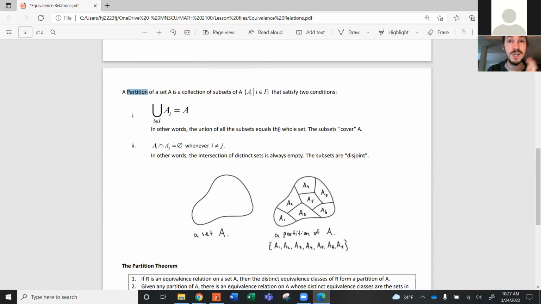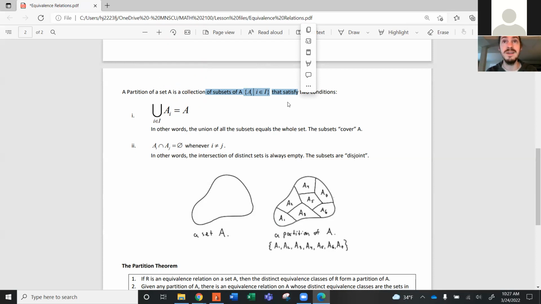So a partition of a set A is a collection of subsets. We're just going to call them A_i, where I is some sort of index set. If it's a finite number of sets, then I is probably going to be the set of integers 1, 2, 3, 4, 5, 6, up to however many of them there are. It's possible to have an infinite partition, with an infinite number of sets in the collection.